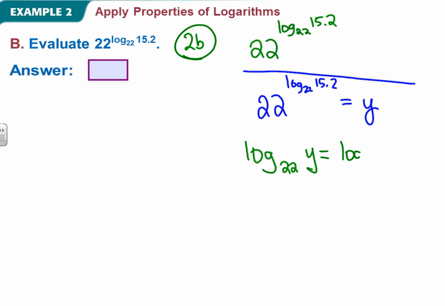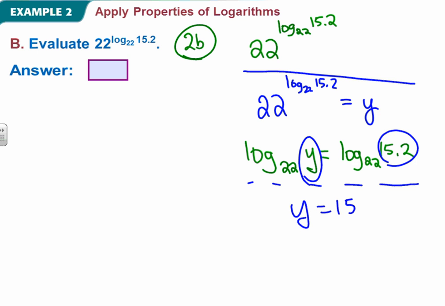So log base 22 of 15.2. So then it's just matching, right? So in a way, you should be noticing this. Yes, it's hard, but if I can remember these formats and kind of change it from one to the other, a lot of times it is just matching. So then I can say, oh, look, the y, these are equal. The only thing different over here is y and 15.2. So then our y equals 15.2.